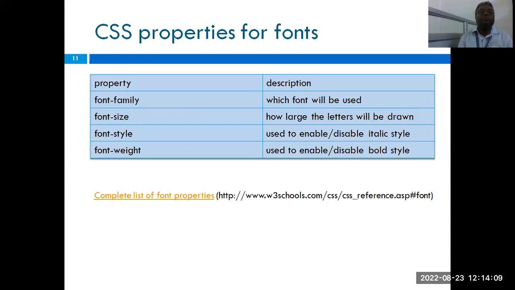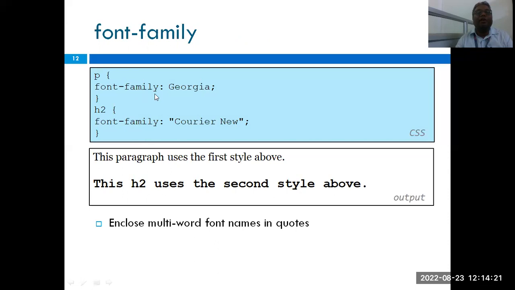Coming to the properties of fonts, we can specify font family, font size, font style, and font weight. For example, font family is Georgia, font family is Courier New, like this.